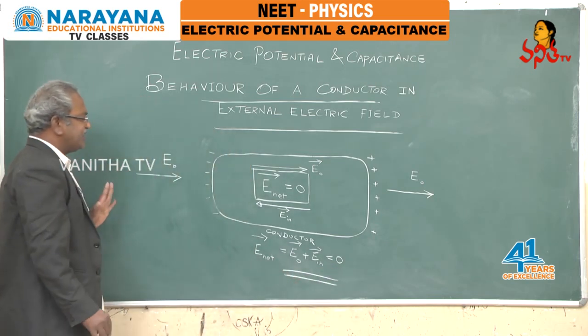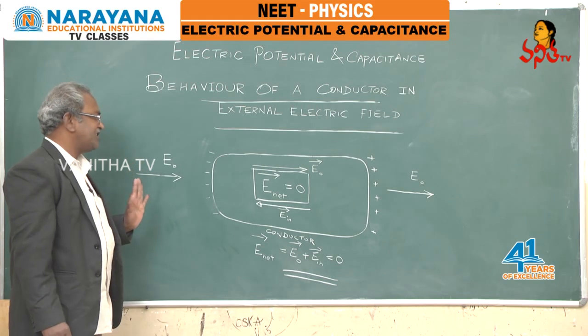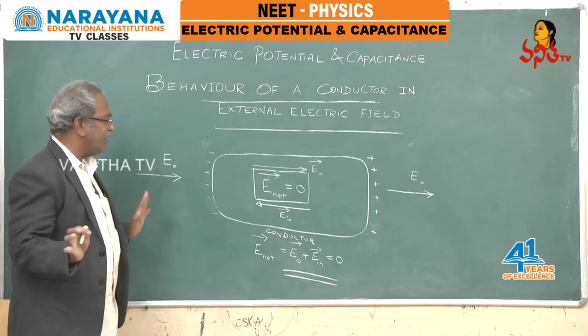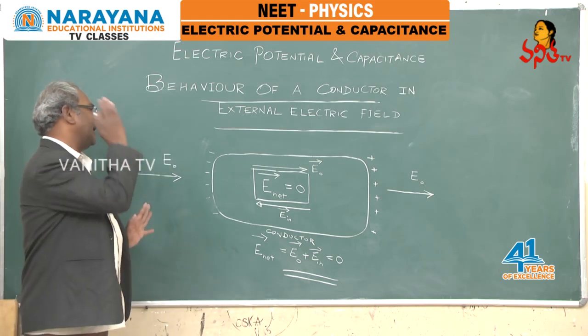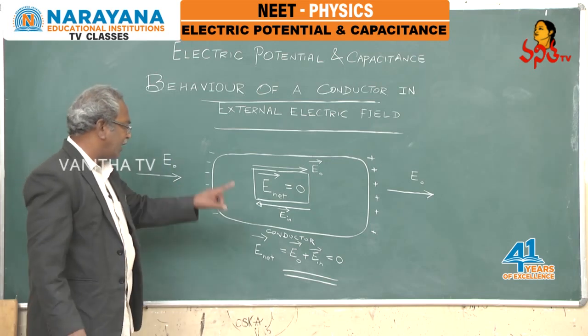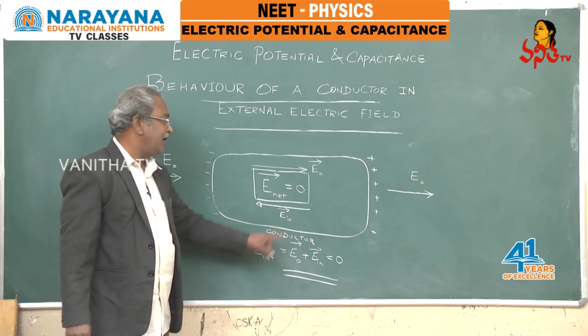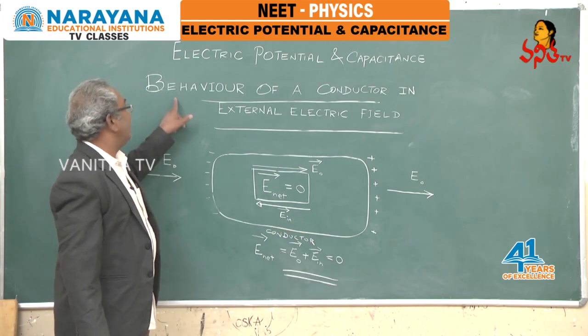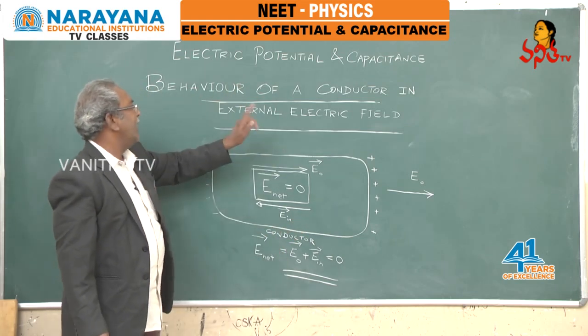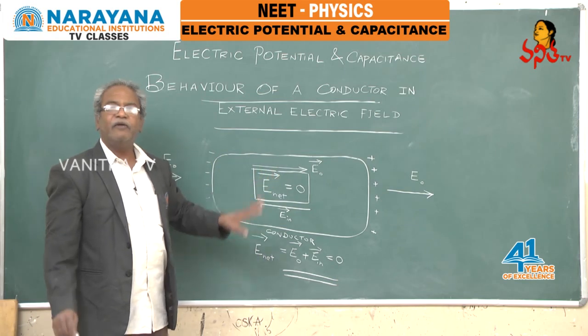So, the charge distribution will adjust itself in such a way that at any point inside the conductor, the net electric intensity will be a null vector. That is the behavior of a conductor in an external electric field.